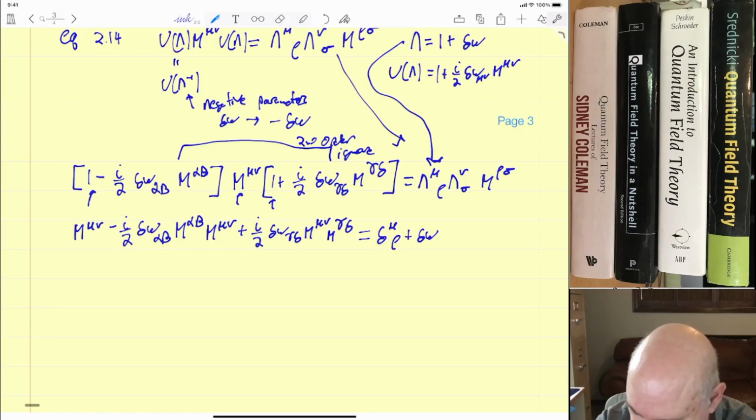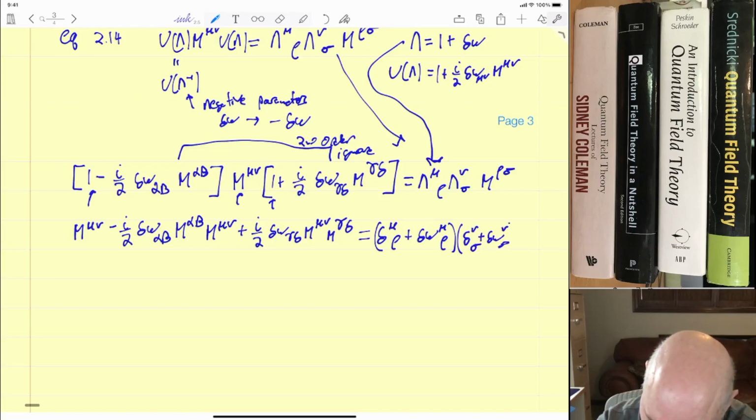Remember, I told you a long time ago, del omega is always just one symbol. Don't think of it as del times omega. It's just del omega. Mu rho multiplied by del nu sigma plus del omega nu sigma m rho sigma.